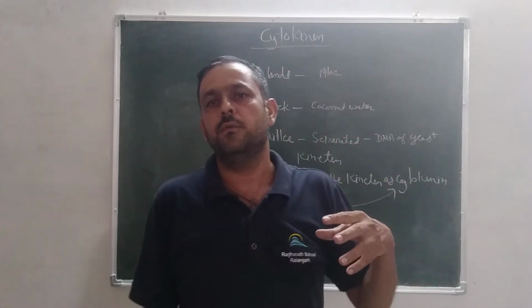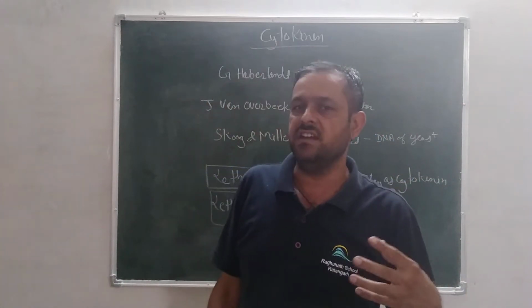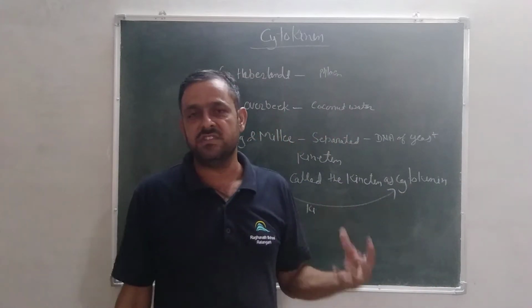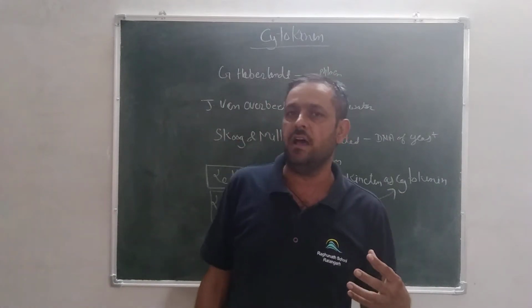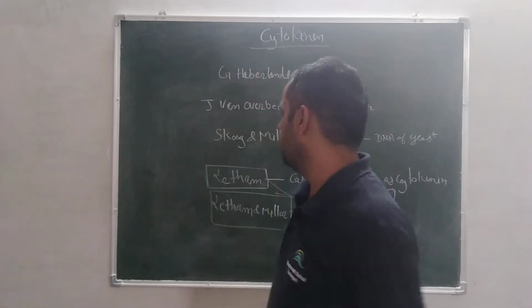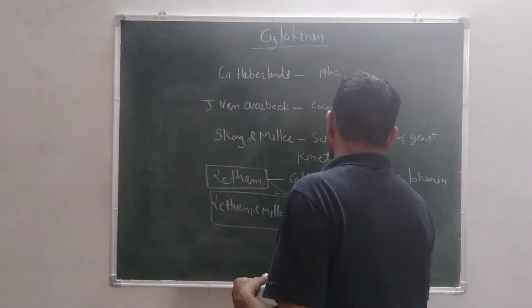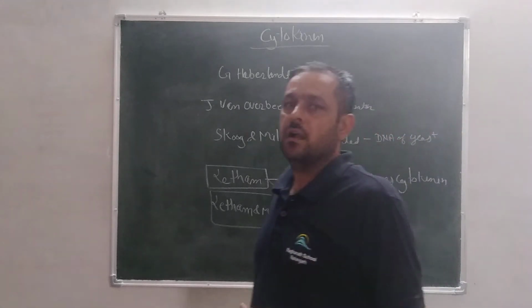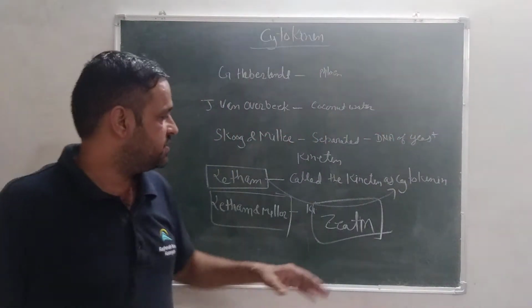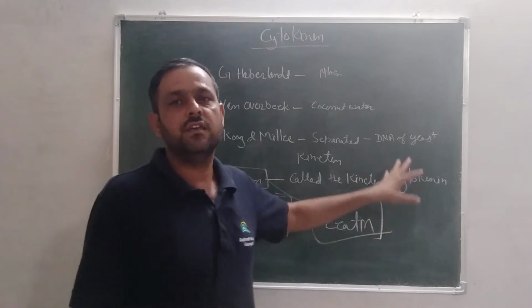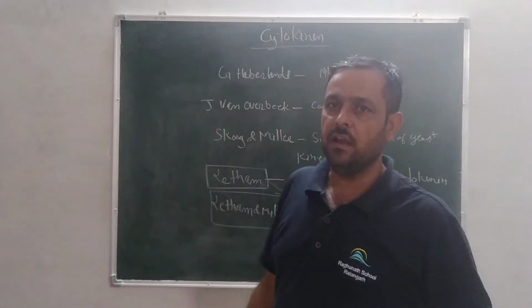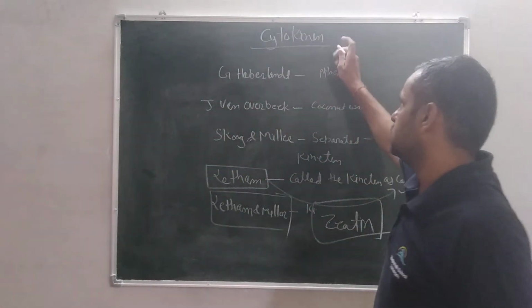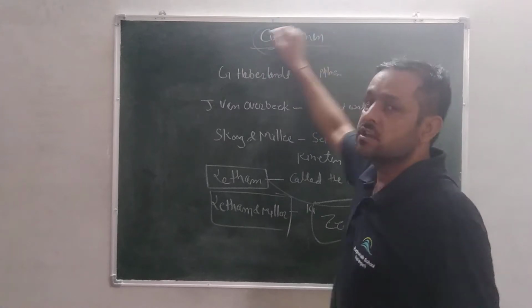Or we can say from the embryo of maize they separated another substance which can increase cell division and gave it the name zeatin. After some period, scientists discovered that zeatin and kinetin are the same material, which is called cytokinin. So what is cytokinin?